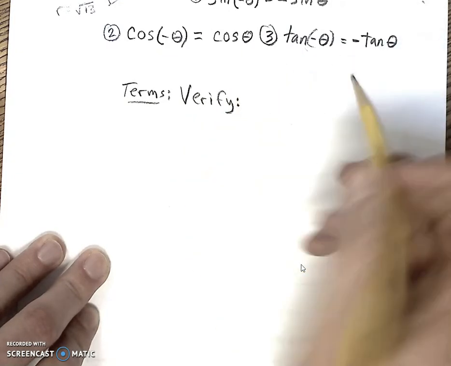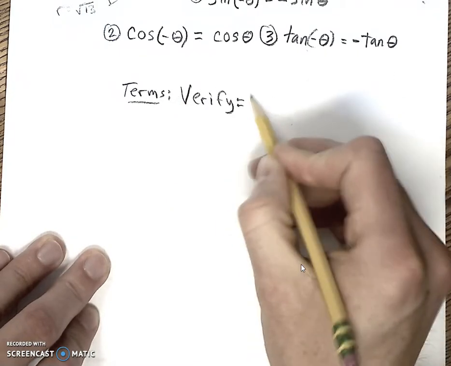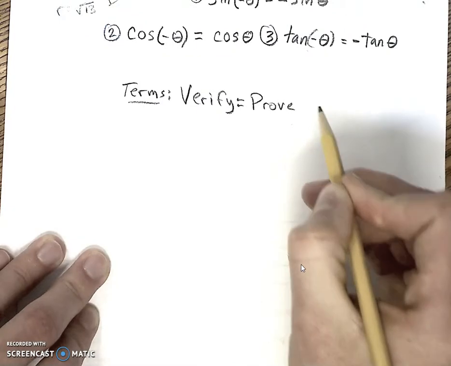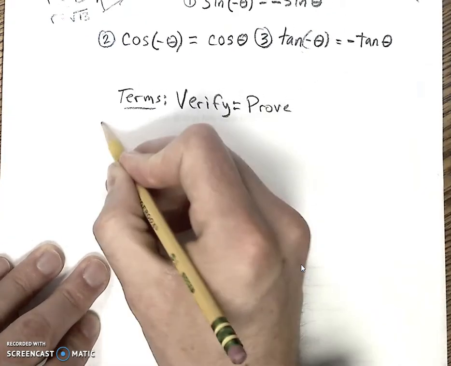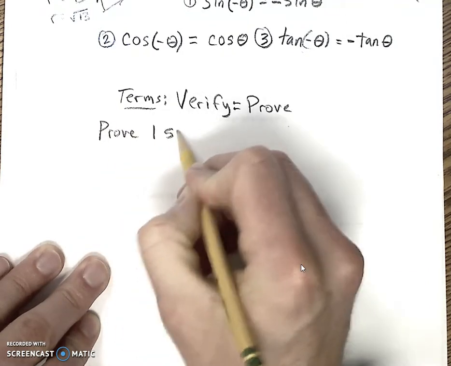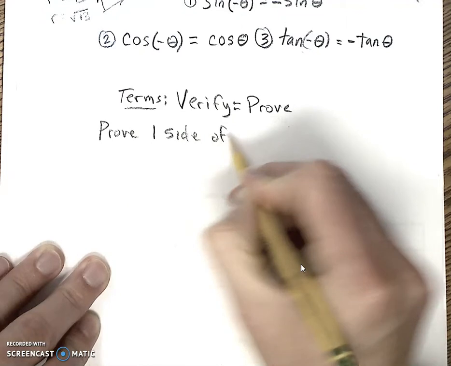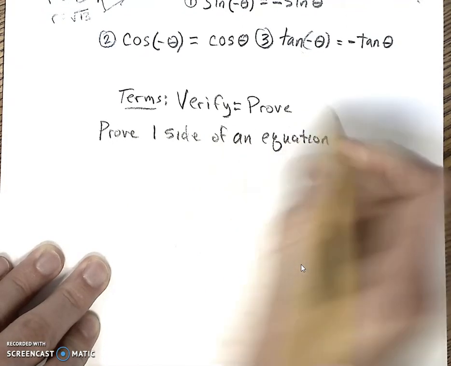Verify is basically like proof. So verify means proof. Okay? It means prove one side of an equation equals the other side.